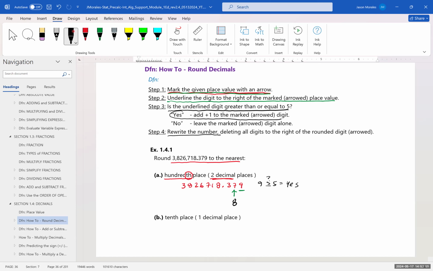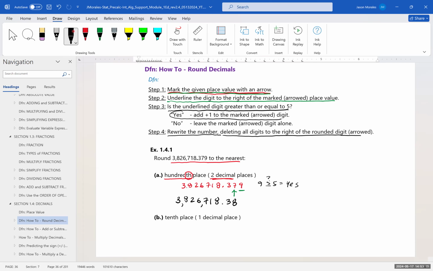And then rewrite the number, deleting all digits to the right of the rounded digit. So we rounded up the 7 to an 8. Now we're just going to copy down the rest of the number, just like that.